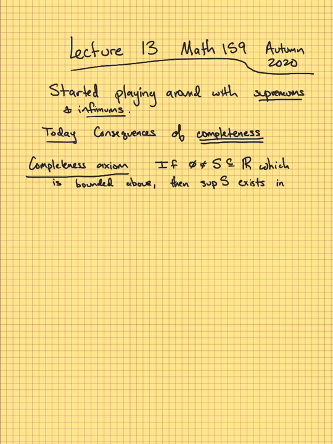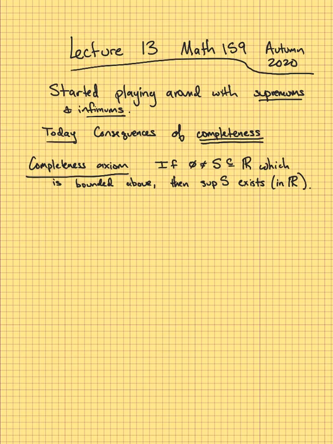And in particular, it is a real number. Okay? So it's the existence of supremums. There's a similar statement if you're bounded below, the existence of infimums. We'll see that this is the crucial property. So for rational numbers, there will be sets where the supremum may exist in the real numbers, but it doesn't exist in the rational numbers.